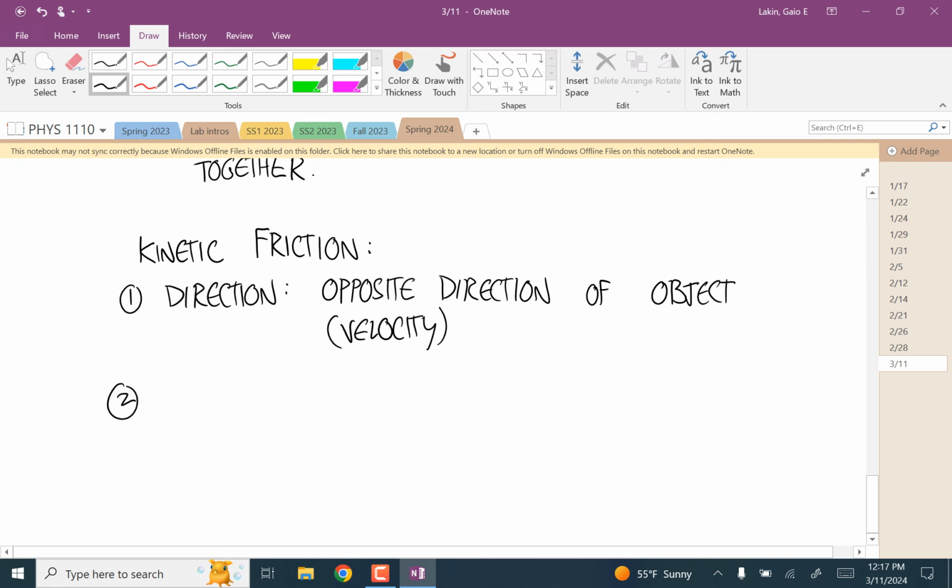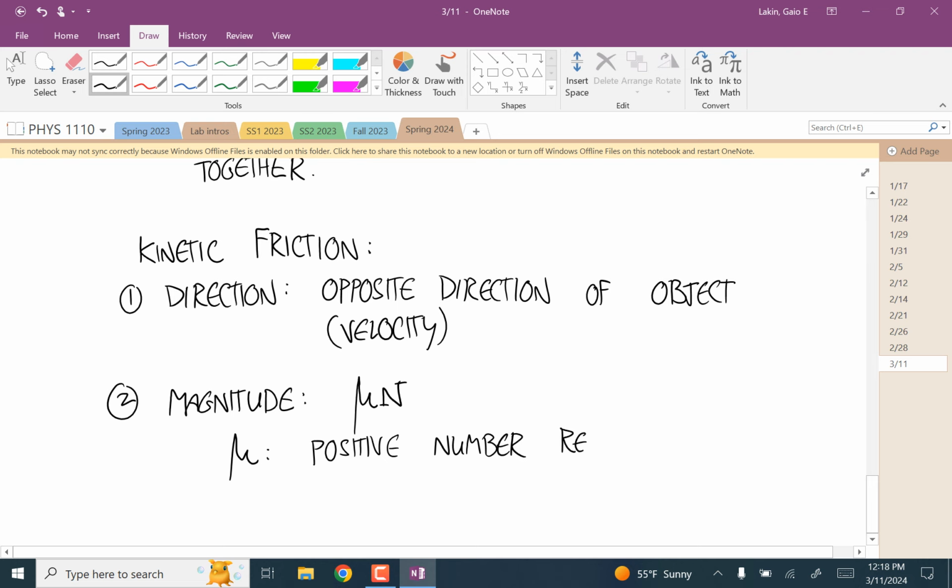And the magnitude of the friction is always going to be, that's the Greek letter mu. So it's always going to be this Greek letter mu times N. And I'll tell you what each of these things are. Mu is a positive number representing the two materials in contact with each other.